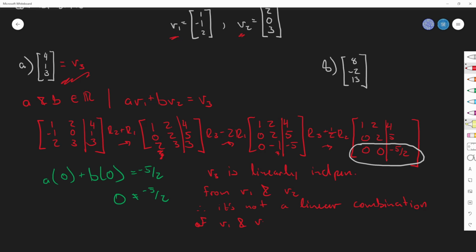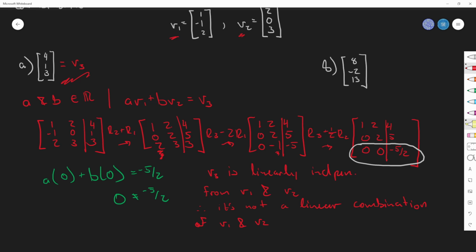Because if you remember from the lecture, if a vector is a linear combination of a set of vectors, then that vector itself is linearly dependent. So the opposite will be true. If it's linearly independent, then it cannot be expressed as a linear combination of a set of vectors.